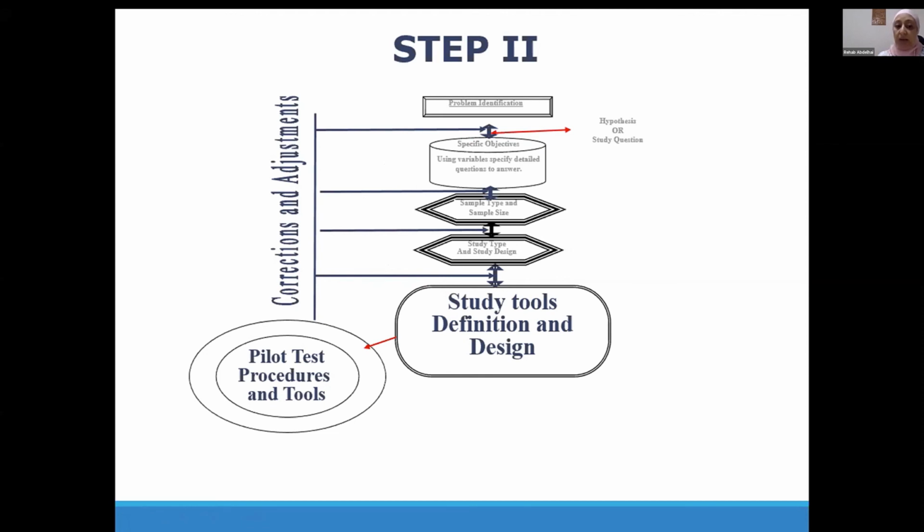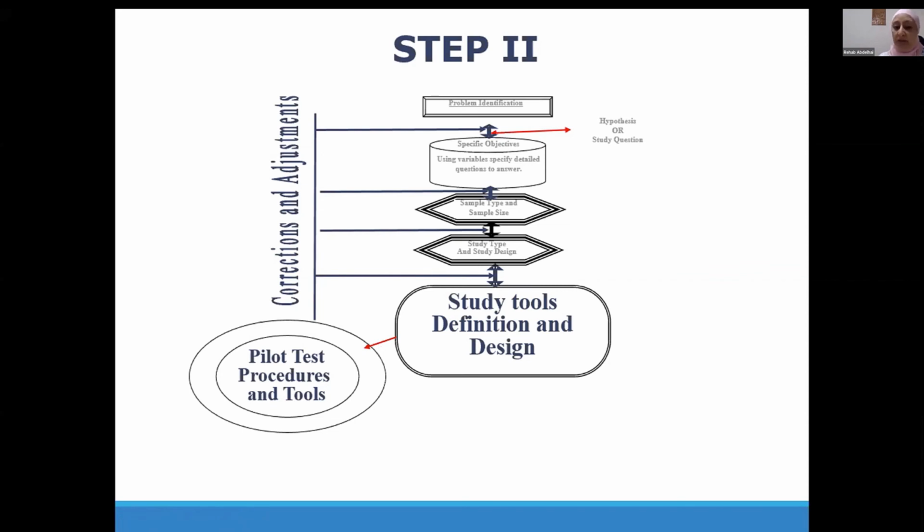And that's why it makes your study better, and it enhances your study tools and your ability to complete this study. Now, a very important point is that the pilot tests and the results of the pilot test should never be included in the final results of your study.